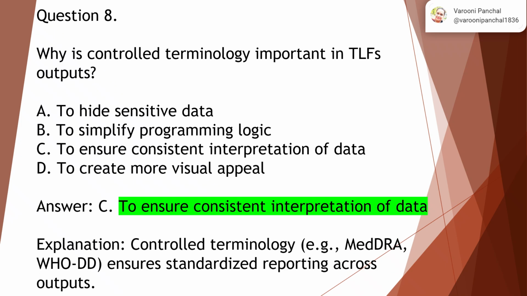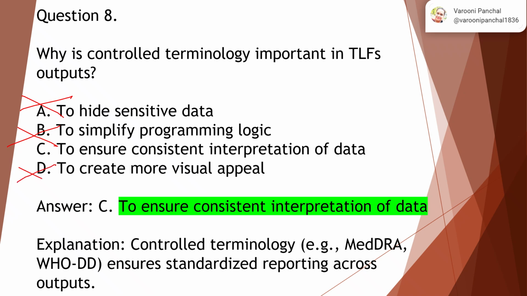Question 8. Why is control terminology important in table, listing and figure outputs? Option A, to hide sensitive data. Well, in clinical trials, you cannot ignore, delete, or manipulate, or hide sensitive data. So this is not the right answer. To simplify programming logic. No. Option D says to create more visual appeal.